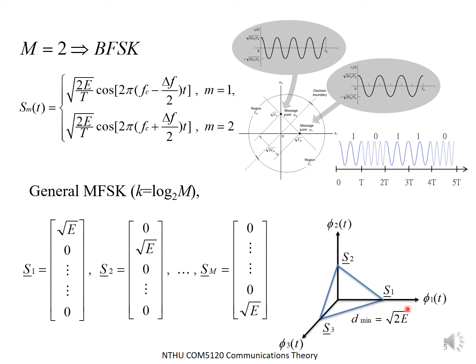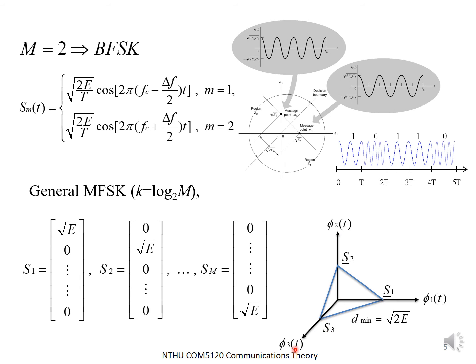And each symbol is a constellation point on the basis: S1 on phi 1, S2 on phi 2, S3 on phi 3, and so on.